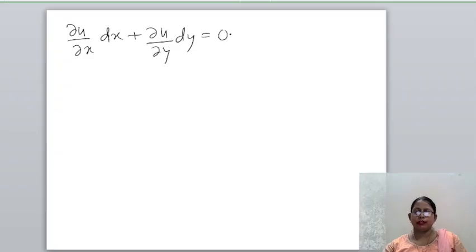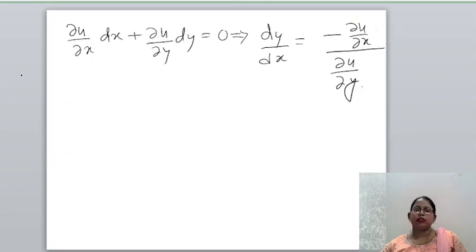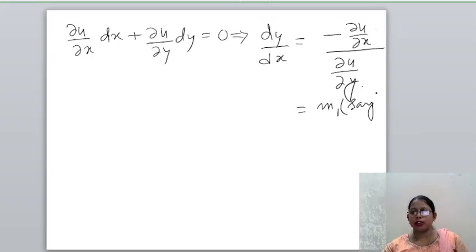This implies dy by dx is equal to minus del u by del x divided by del u by del y. We denote this by m1, the slope of the first curve.